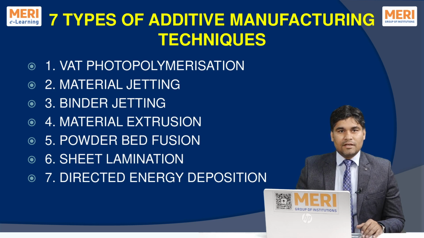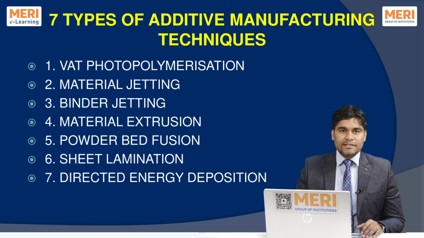Next is material extrusion, one of the most commonly used techniques, where material is extruded through a nozzle to build objects layer by layer. The fifth technique is powder bed fusion, which uses thermal energy such as laser or electron beam to fuse powder particles together.